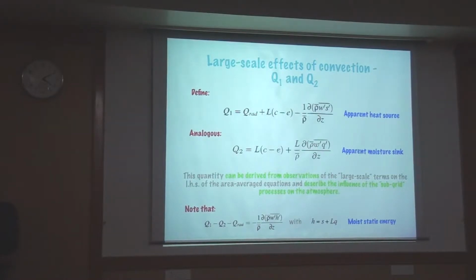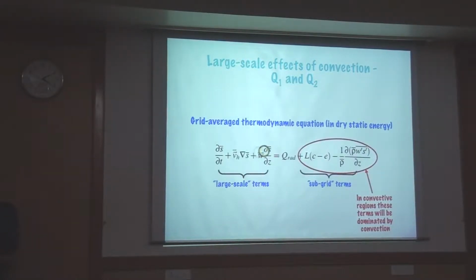As I said, the left-hand side here, these so-called large-scale terms, we can actually measure by putting an array of radiosondes out, measuring the mean of moisture, temperature, and hence dry static energy, and measuring the mean winds.